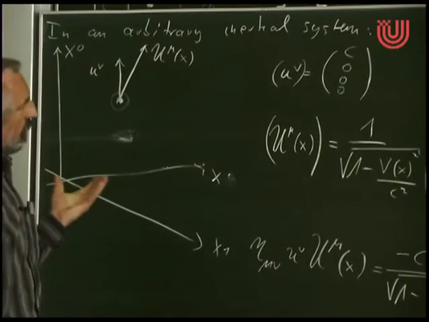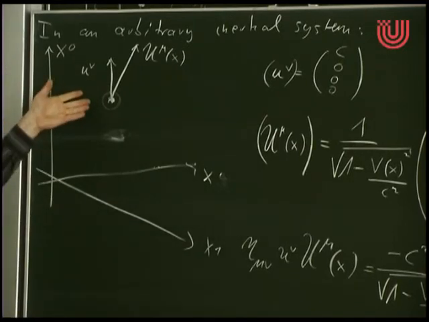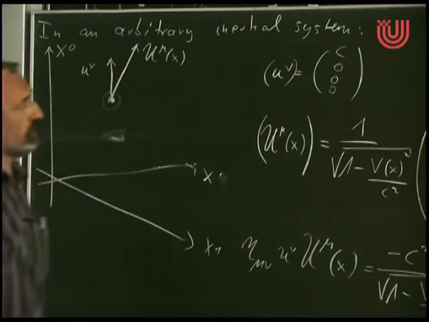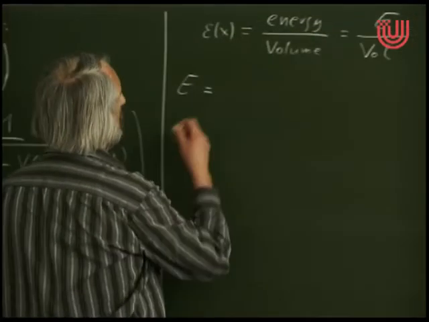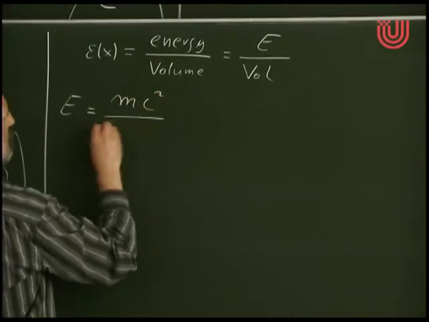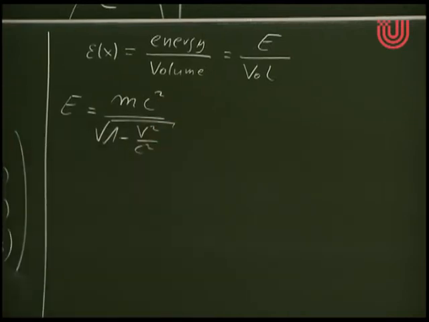And we remember the energy is just, up to the factor c, the zero component of the four-momentum. And we had expressions for this. And we found that the energy for an object with total mass m is given by this expression, with 1 minus v squared over c squared. This was the expression we had found for the energy.